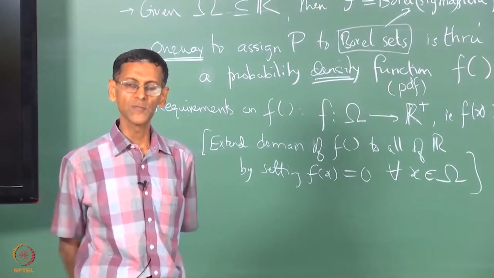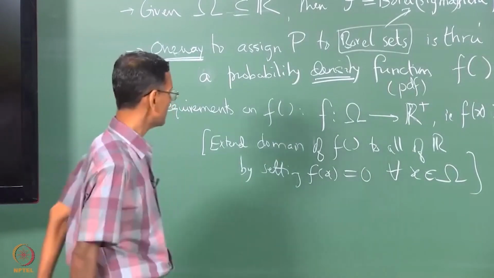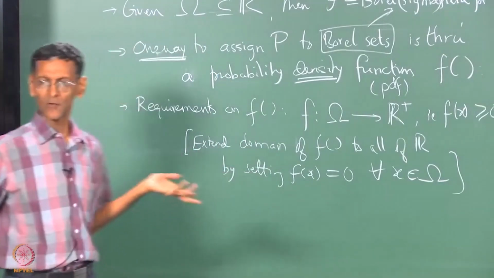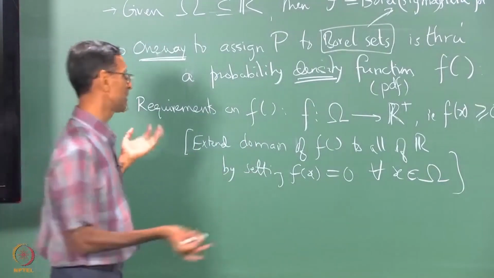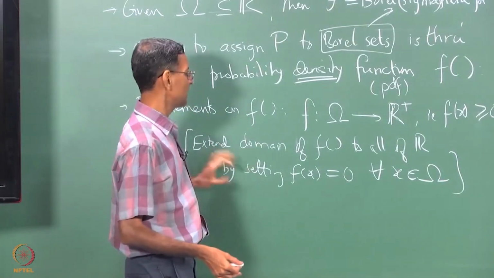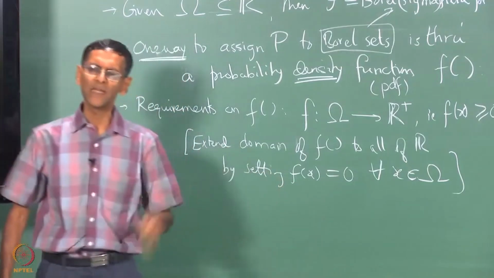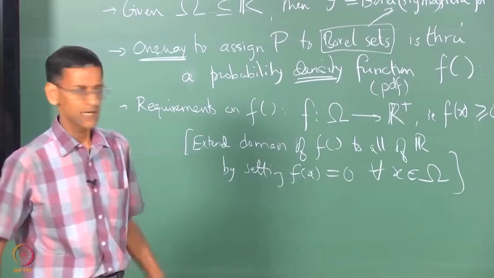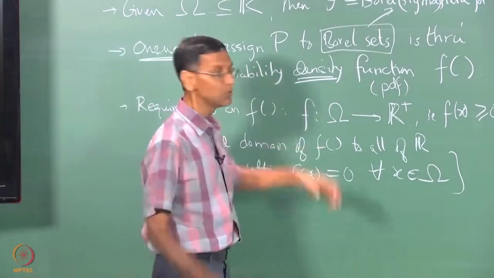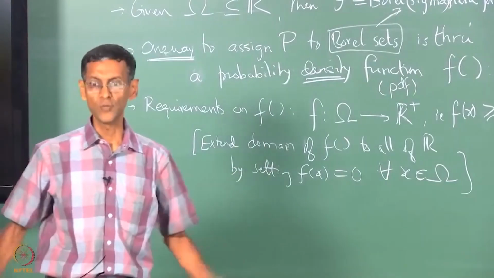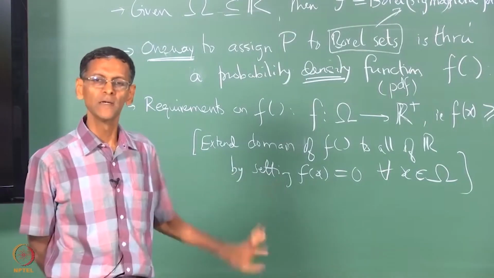Such as a pointer which spins between 0 and 2 pi, or any other limited portion of the real line for any particular experiment that we care to consider, right. But typically the way in which these probability density functions are defined is to define them to be 0 outside omega as well, so that there is no confusion. Basically this is just to avoid confusion, right.